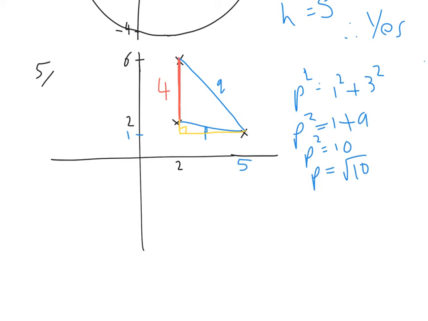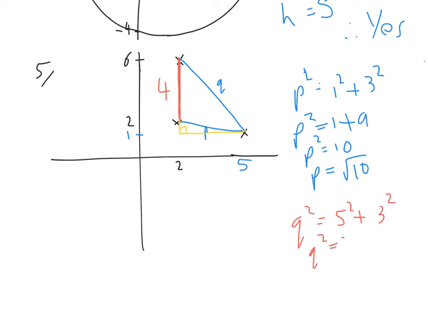What about q? Well, q is part of this larger right angled triangle. So this distance here is from 1 to 6, which is 5. So q squared, the hypotenuse squared, is the short side 5 squared, plus the other short side squared, from 2 to 5, which is 3, so 3 squared.